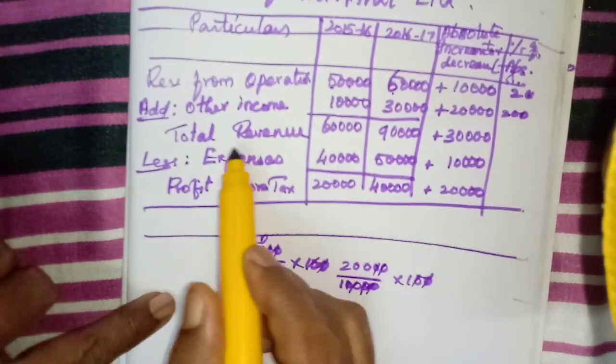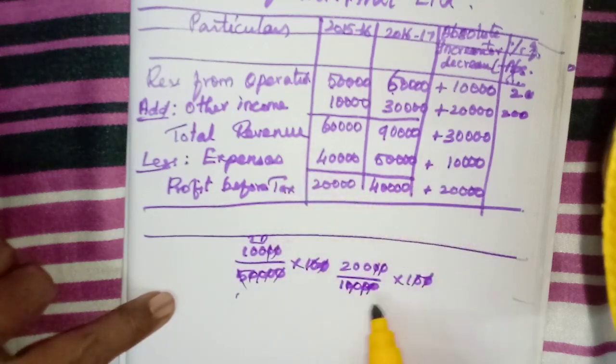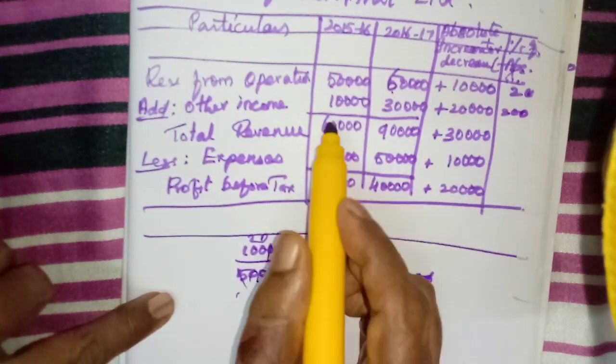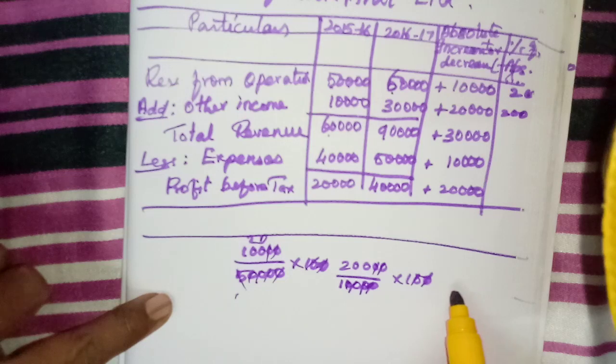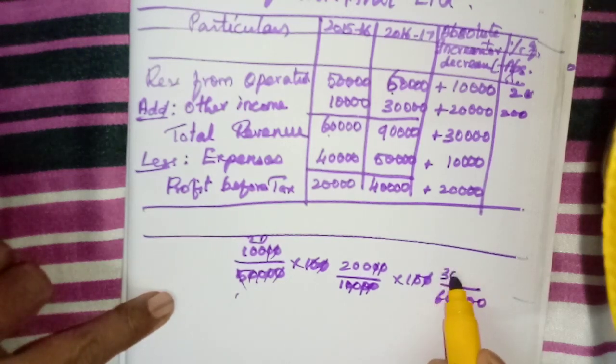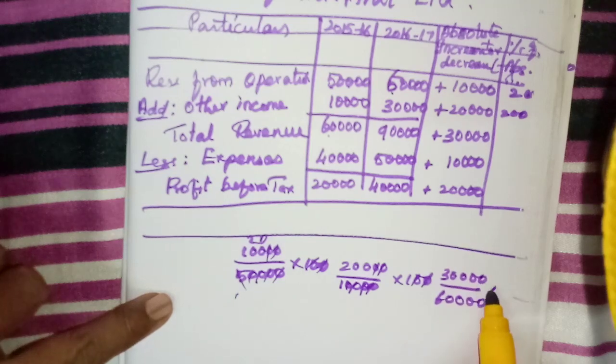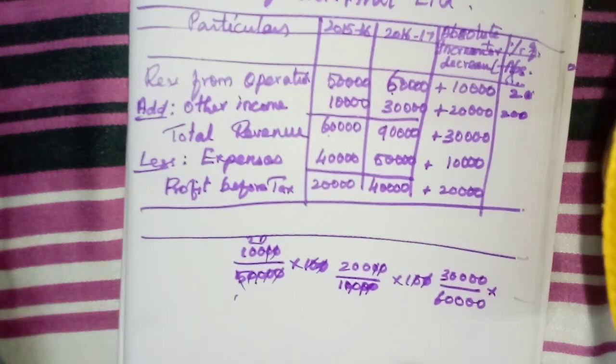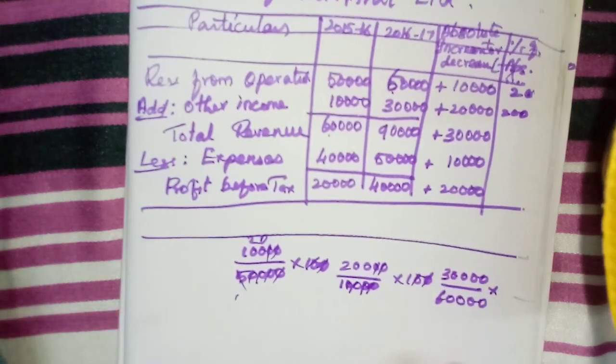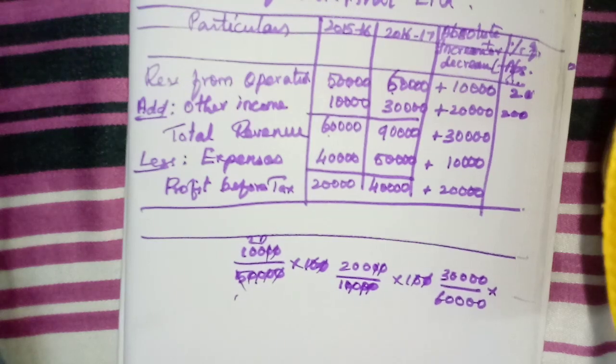Then this one: for 60,000 the increase is 30,000. You can do it by heart, in mind also. See, it is half, isn't it?